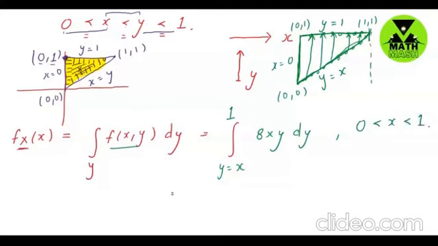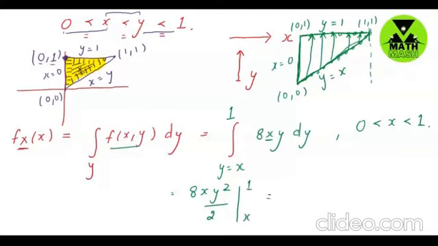Now integrate this function with respect to y. If we are integrating with respect to y, always treat the variable x as a constant. So this becomes 8x times y squared by 2, because 8x is constant and the integration of y with respect to y is y squared by 2. Substitute the limits x to 1.